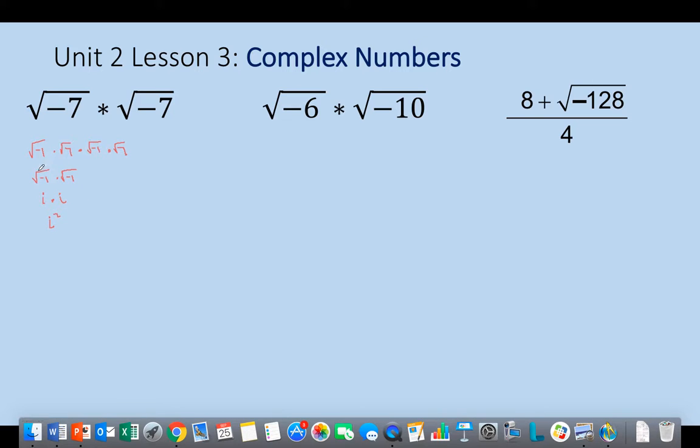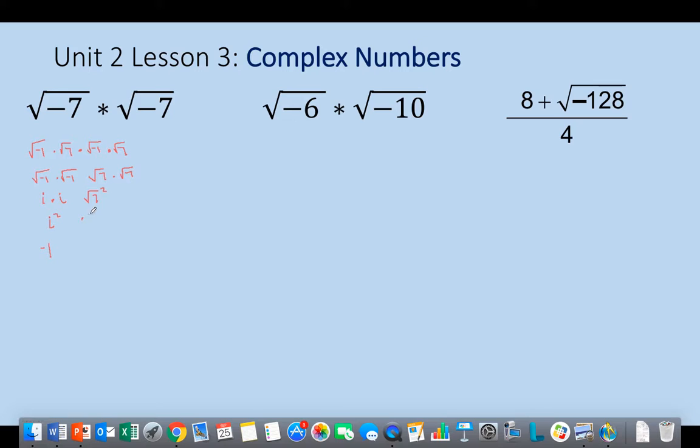And because we know that this would give us the square root of negative 1, we know that i squared would just wind up being negative 1. It takes the imaginary part out of it, which is a nice thing. And then finishing off the other part, I've got the square root of 7 times the square root of 7, which would just be the same thing as the square root of 7 squared, and that cancels these things out.